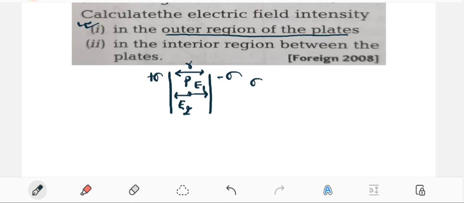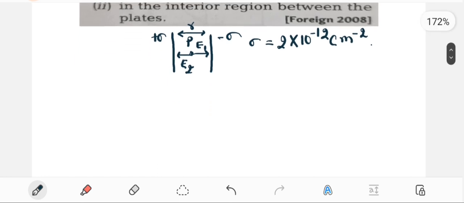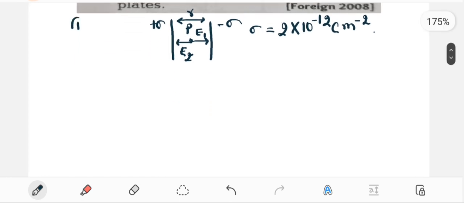Surface charge density for both the plates has been given, that is 2 into 10 to the power minus 12 coulomb per meter square. For E1, this is part 1 of the question, we can write it as sigma upon 2 epsilon naught r cap.